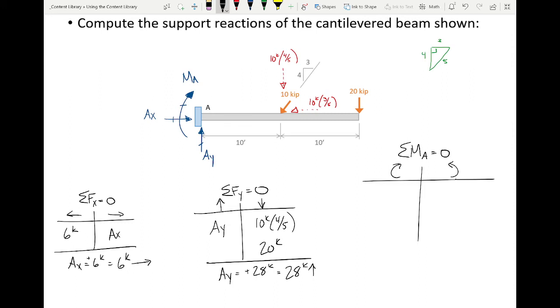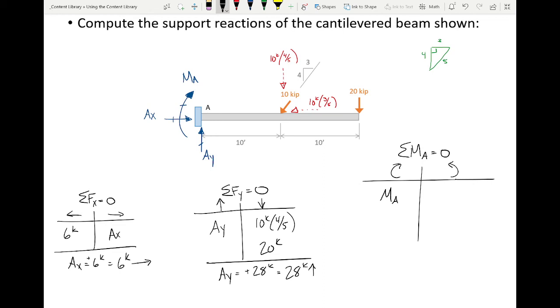Left, because I have it drawn like this. So MA. Okay, this 10 kips. Let's see, do I consider the horizontal component? No, right? Do I consider the vertical component? Yes. What side of the table does it belong? The left.